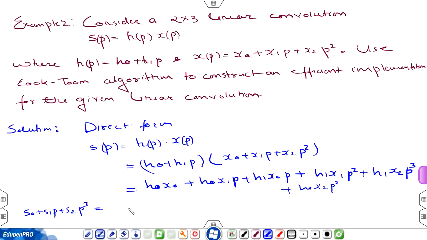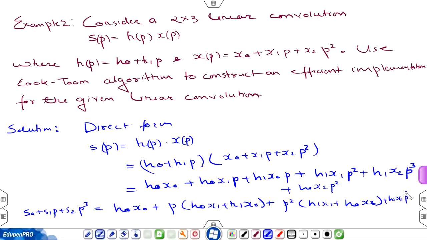Rearranging this equation, we have h0 x0 plus p times (h0 x1 plus h1 x0) plus p square (h1 x1 plus h0 x2) plus h1 x2 p cube.